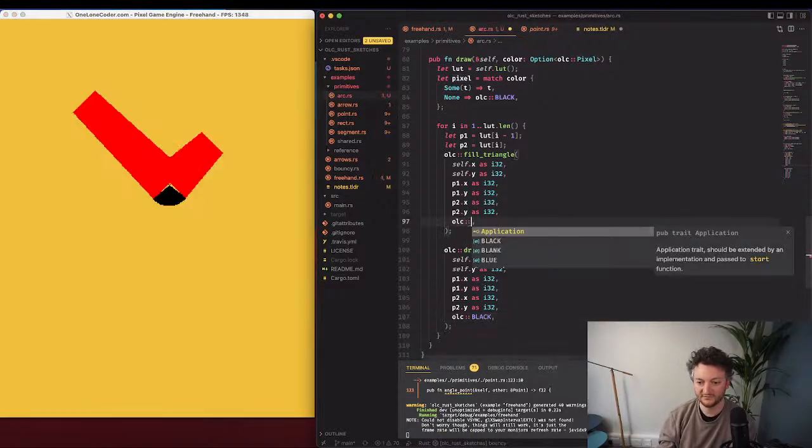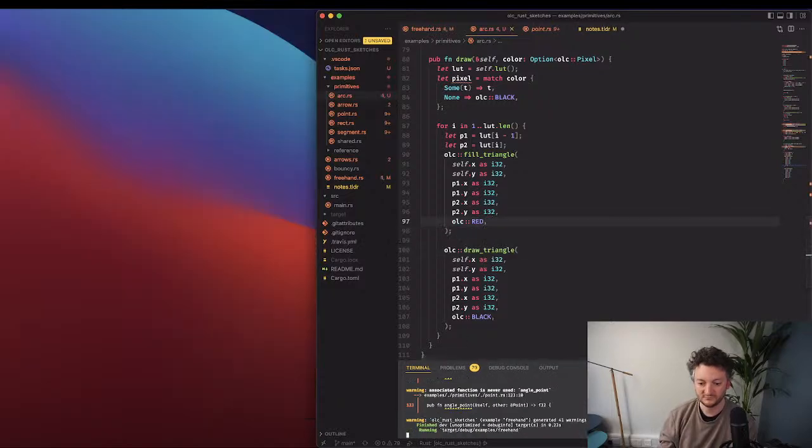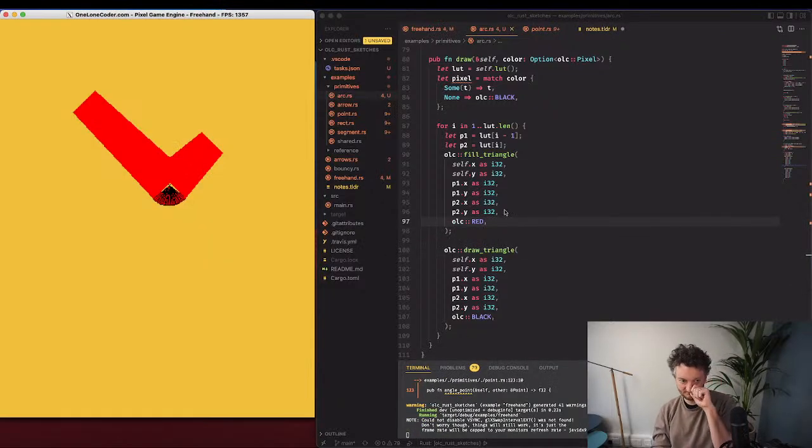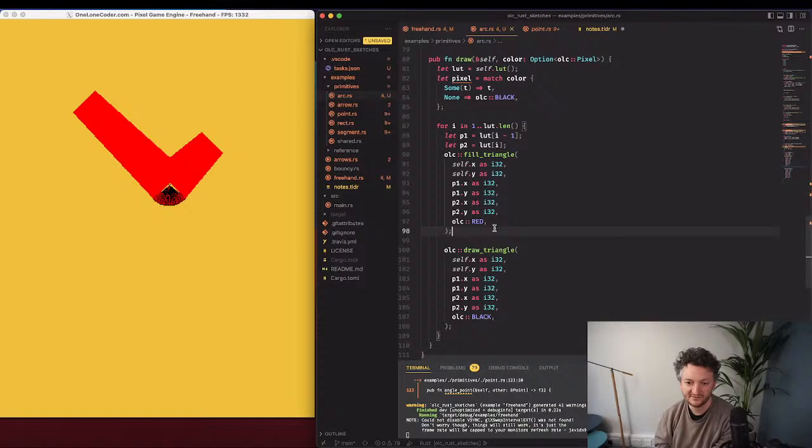This is, let's say, OLC red. Hmm. It does look a little off, right? It's not drawing that triangle to the correct spot.